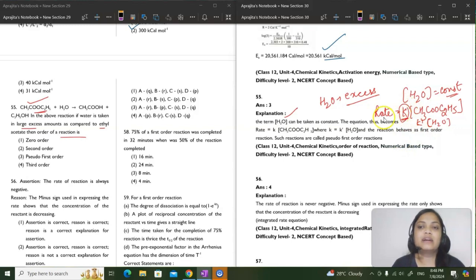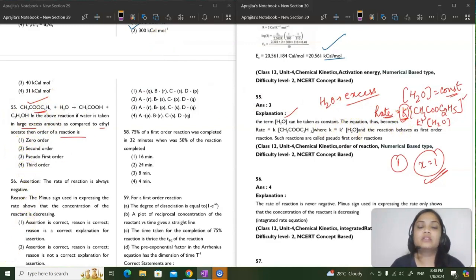It means that the rate of the reaction only depends on the concentration of ethyl acetate, and the coefficient will be 1, so the value of X is equal to 1. The reaction is not first order, but it is behaving as first order.